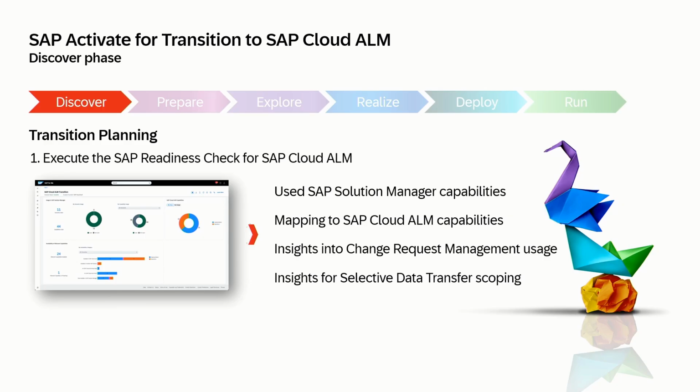Those capabilities are mapped to the follow-up capabilities or the equivalent capabilities in SAP Cloud ALM and provide some more information on those Cloud ALM capabilities, including links to the roadmap.